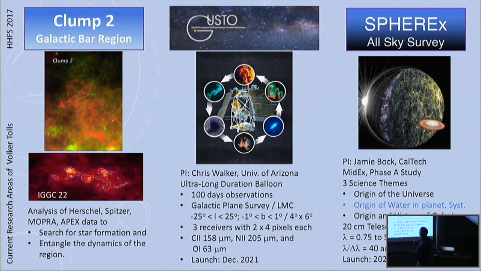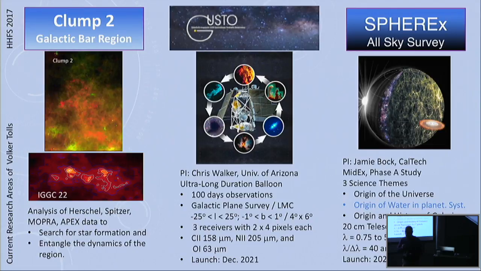And the third project I'm working on is an all-sky survey called SPHEREx. The PI of this project is Jamie Bock at Caltech, and for our participation, I'm one of a number of people here from SAO, under the lead of Gary Melnick, Matt Ashby, and Giovanni Fazio, on the team. And our science theme is the origin of water in planetary systems.